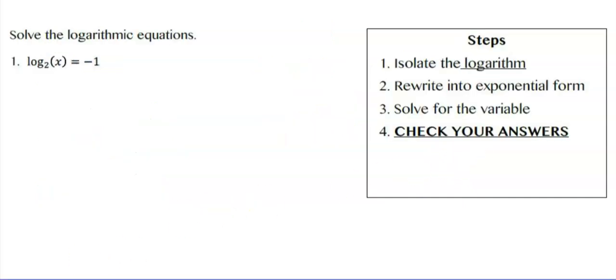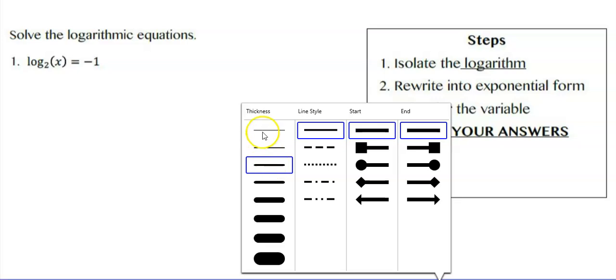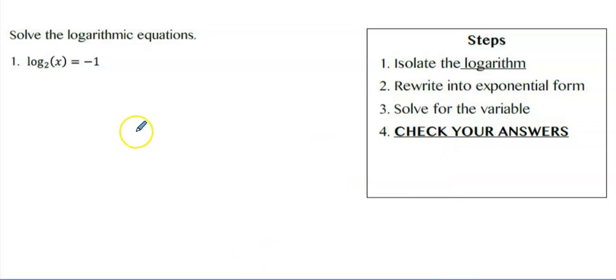So we're going to switch gears and move into solving logarithm equations. The steps are over here. Isolate the logarithm. So you want the log, the base, and then what's in parentheses here. Rewrite into exponential form. Once you've done that, solve for the variable. It is very important that you actually check your answers on these.